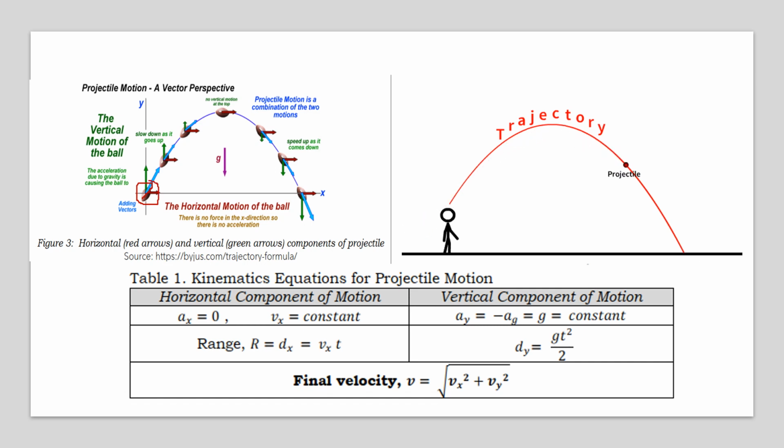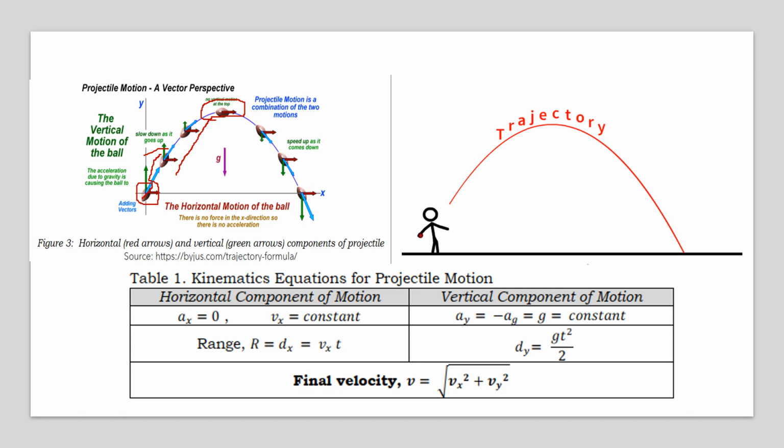First, the ball slows down as it goes up. And in this part, this is the highest peak of the ball, or the highest height reached by the ball.